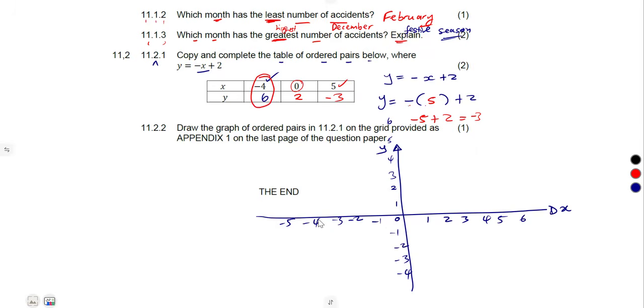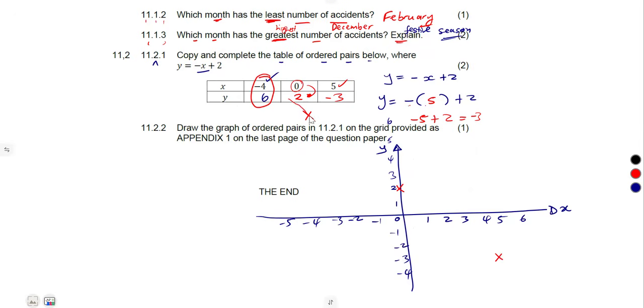Then you mark your points. -4 on the x and 6 on the y, where they meet, you mark a point. 0 versus 2 means the 2 is on the y-axis, you mark that one. 5 on x and minus 3 on y, they meet at this point, and you mark a point.